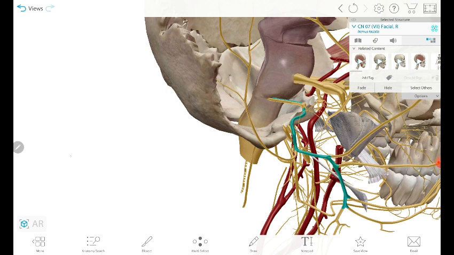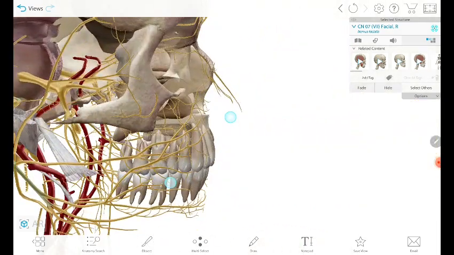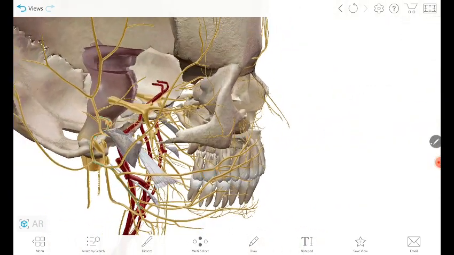And the stylomastoid foramen has not been shown here, but the facial nerve exits out through the stylomastoid foramen, and it fans out giving off 5 branches. So these 5 branches are, this is the temporal branch. So we can see that this branch is going over the temporal area.